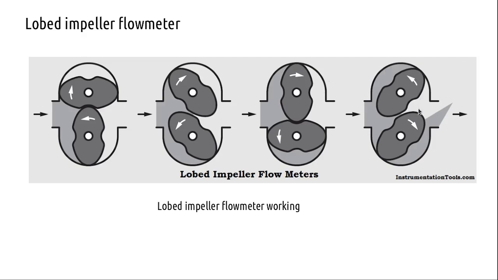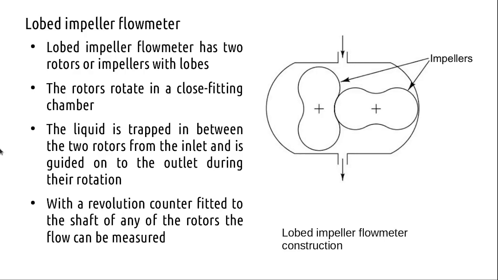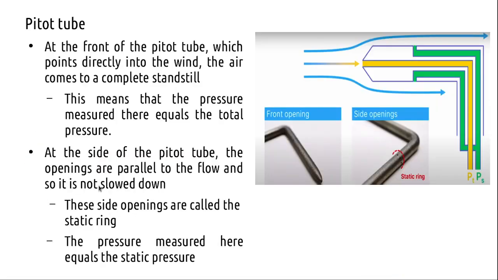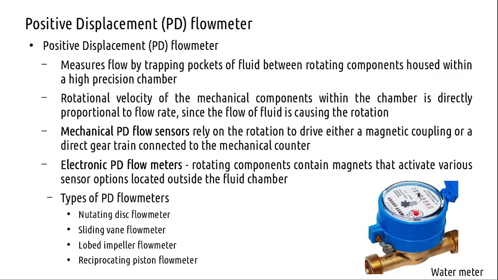So this is a lobed impeller type of flow meter, and you connect it to a counter. The shaft is connected to any of these impellers, and you can rotate a counter like the one you see on a domestic water meter.